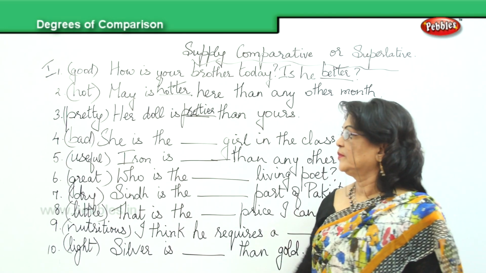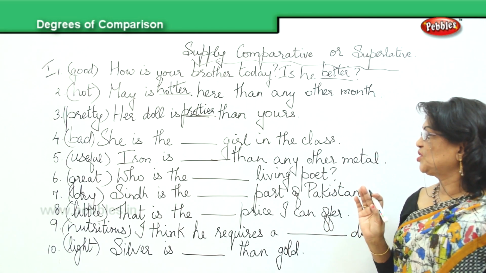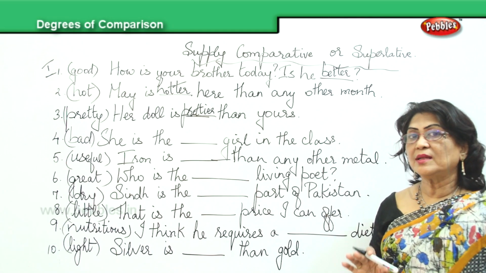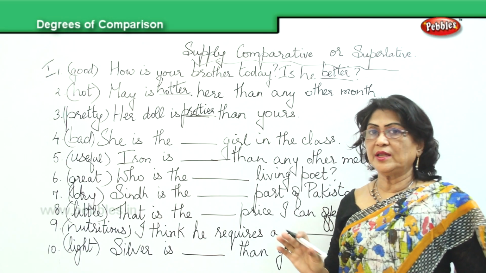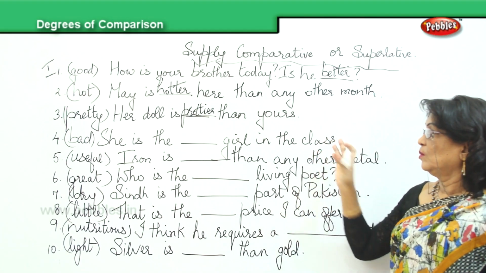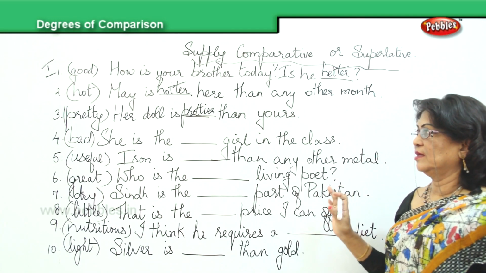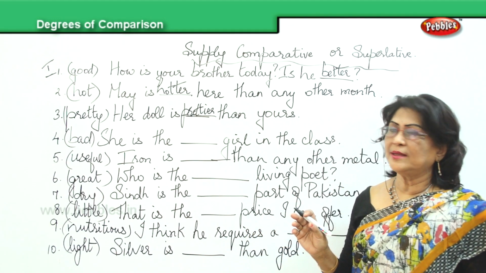Next one. Bad. She is the dash girl in the class. Now bad in the whole class. So you have to use the superlative degree. It's not one or two, but more. She is the dash girl in the class. Bad. Will you say badder and baddest?